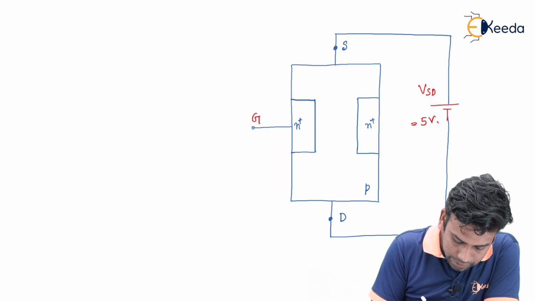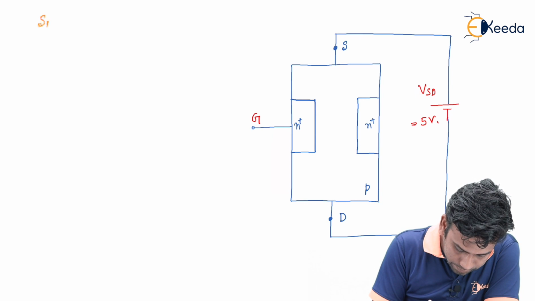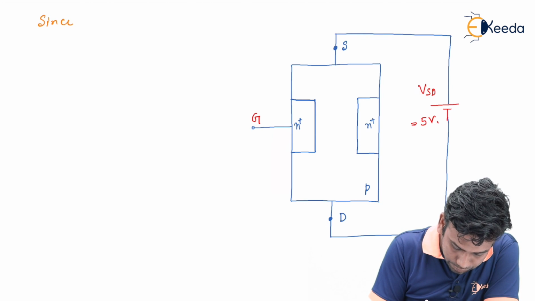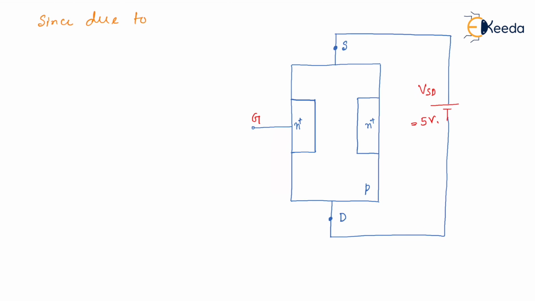So due to the resistivity of this P channel semiconductor, there will be some channel resistance throughout the length of the channel.